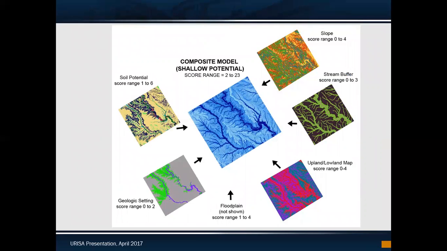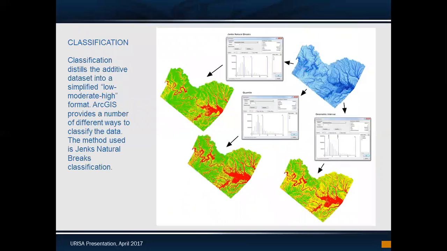This is just, you GIS guys are more familiar with this kind of thing than I am, but we're looking at combining rasters in a raster calculator, and then doing classification to divide them up. We, in general, usually use the Jenks method.